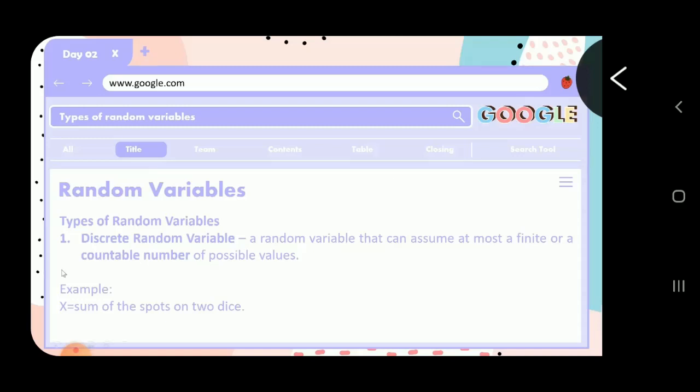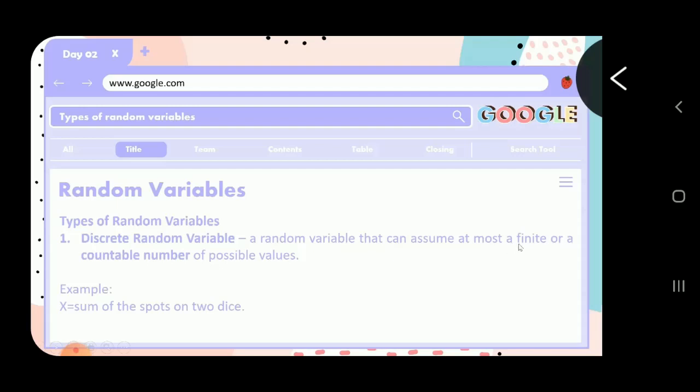The first type of random variable is a discrete random variable. A discrete random variable is a random variable that can assume at most a finite or a countable number of possible values. So you should remember this, class. If we are talking about a discrete random variable, you get a number or a value through counting.